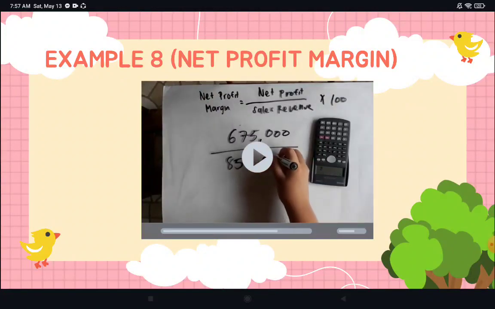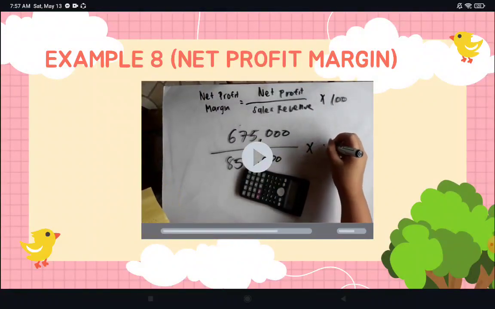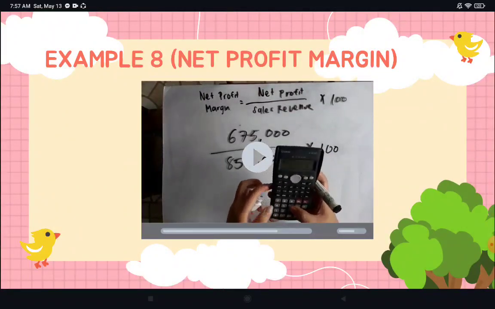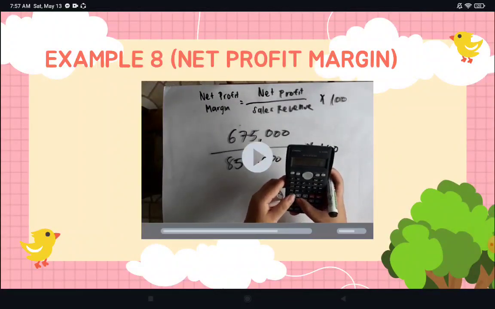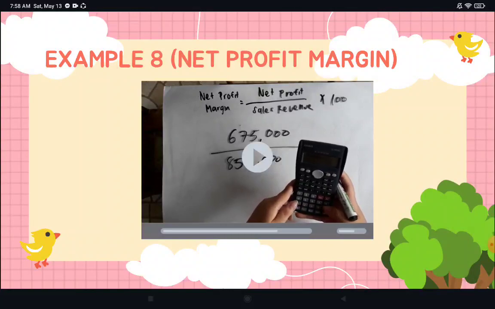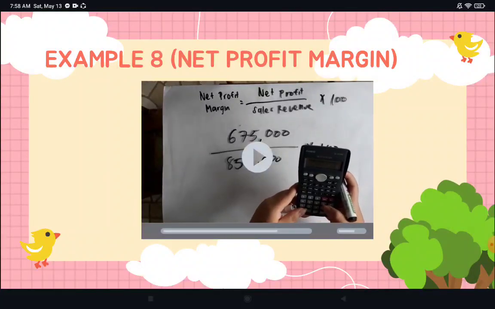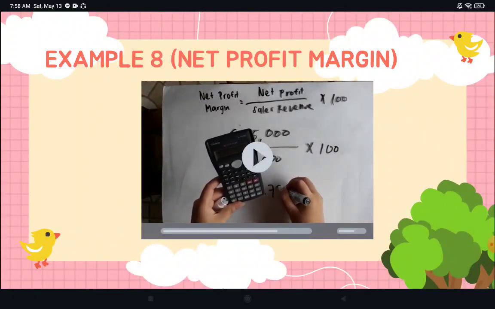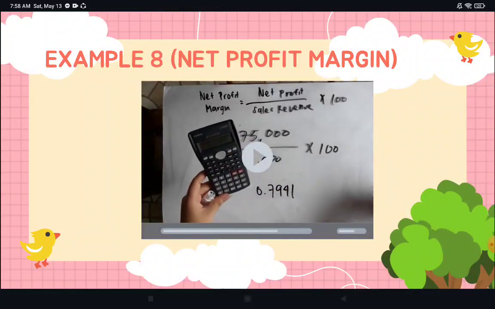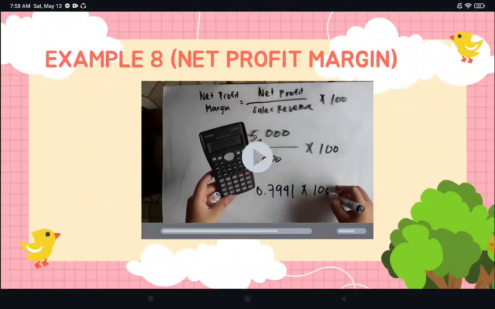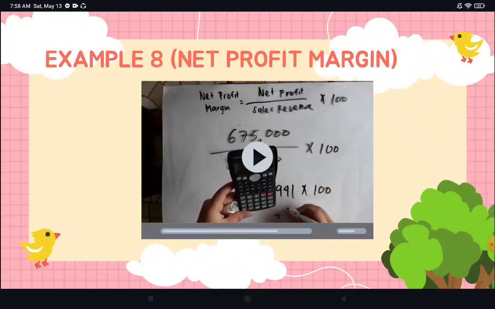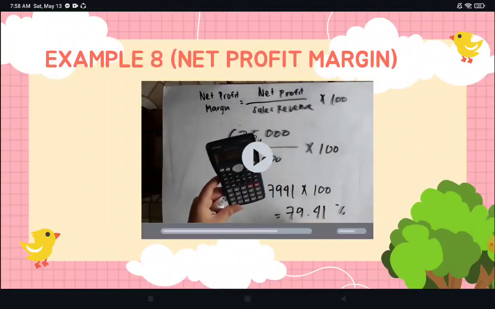Tapos, i-divide natin sa sales revenue. So, we got 0.7941 times 100, and we will get 79.41% for net profit margin.